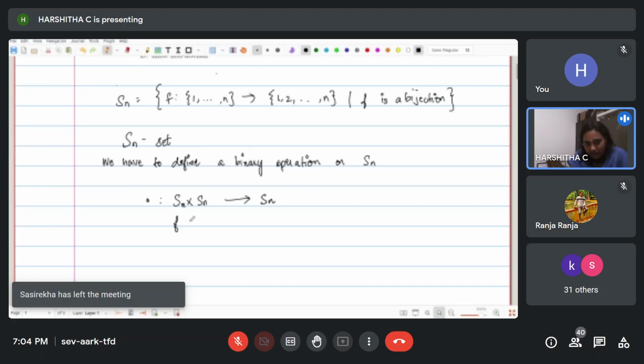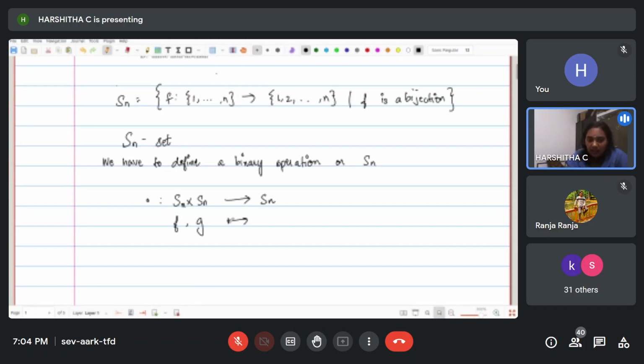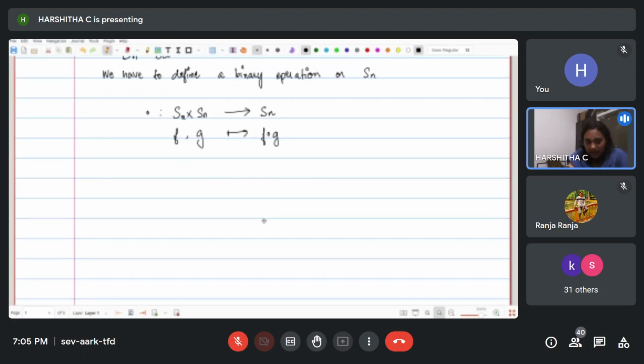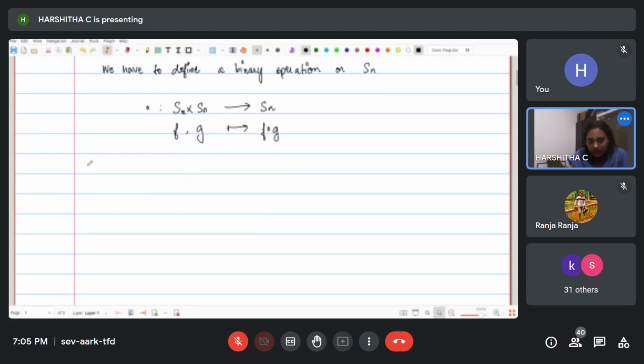So if you have a function and another function, how do we multiply? What is the binary operation here? It is composition of functions, right? So what does that mean? Let's quickly look at an example. If n is equal to 3, then Sn is all bijective functions from the set 1 to 3 to 1 to 3.